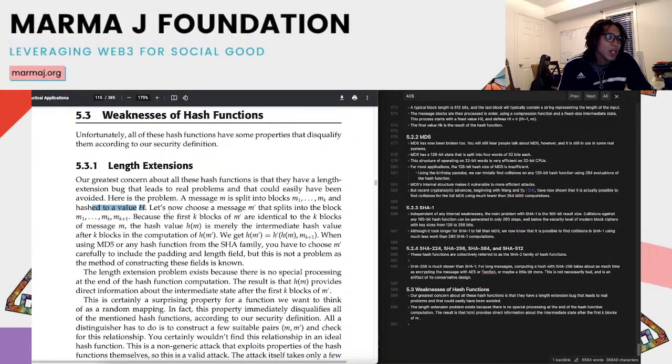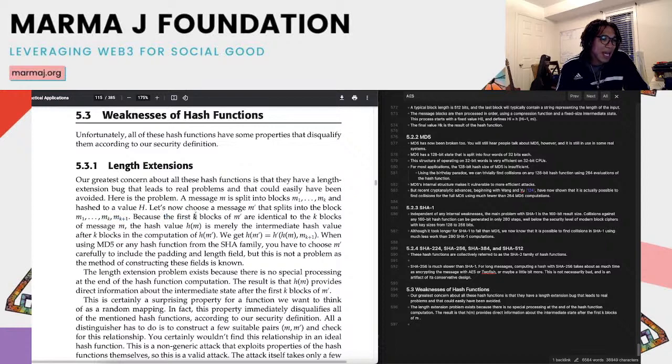Okay. Let's now choose a different message that splits into the blocks M1 to MK, like before, but you're actually going to go long, extending beyond the current message.